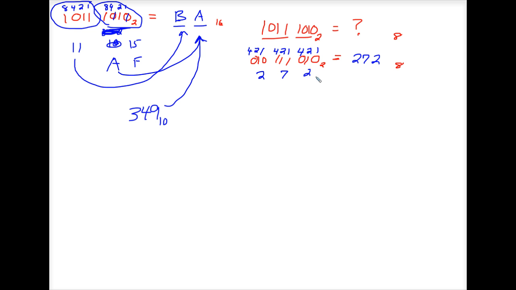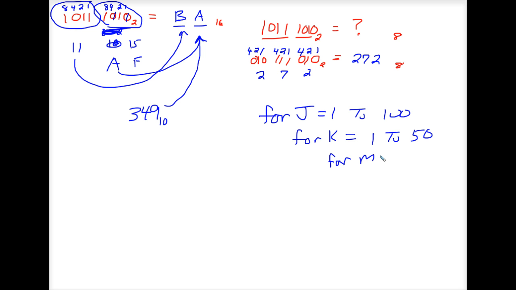But trust me, there are problems on the AP exam like triple nested for loops. You guys are former VB students, so imagine this. For J equals 1 to 1,000, for K equals 1 to, I don't know, 50, and for M, the variable M equals 42 to 1 step -3, just to mess with you.